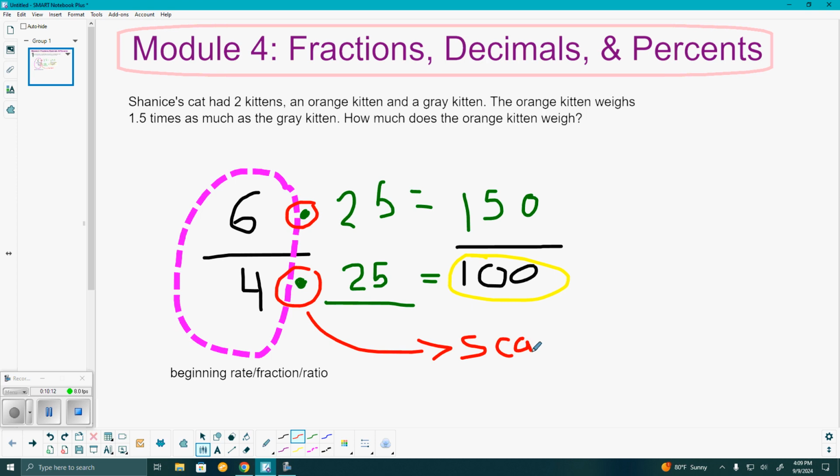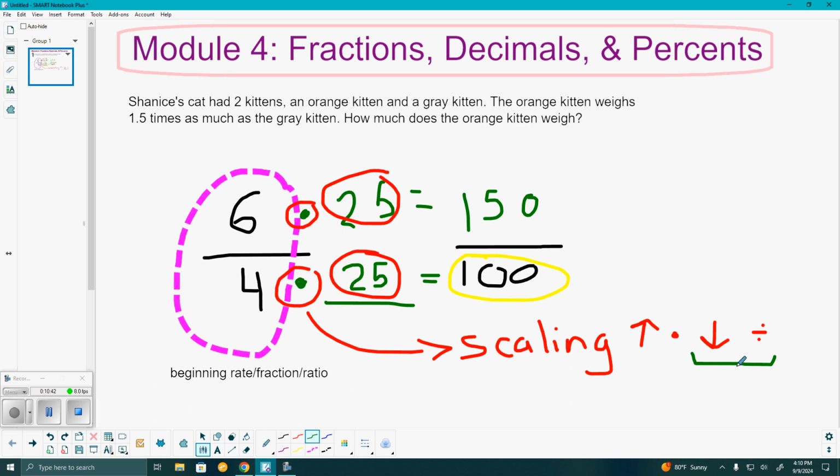Now, this is only true if you multiply the numerator, which is the top number, and the denominator, the bottom number. If you multiply them both by the same number or divide them both by the same number, that's called scaling. If you want to go up, like we've done here, you multiply. If you want to go down, you divide.